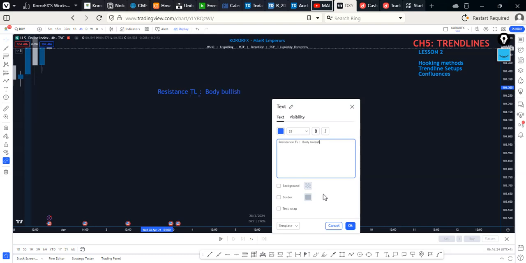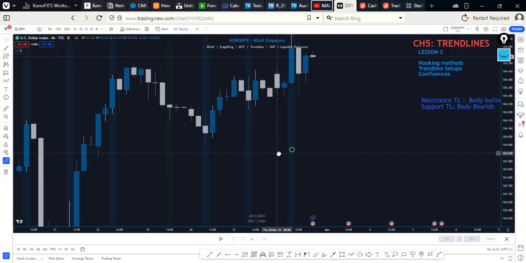And when it comes to a support TL, we focus on the body bearish. Always, when we are marking the body of the bearish, we are really identifying the support trend line.